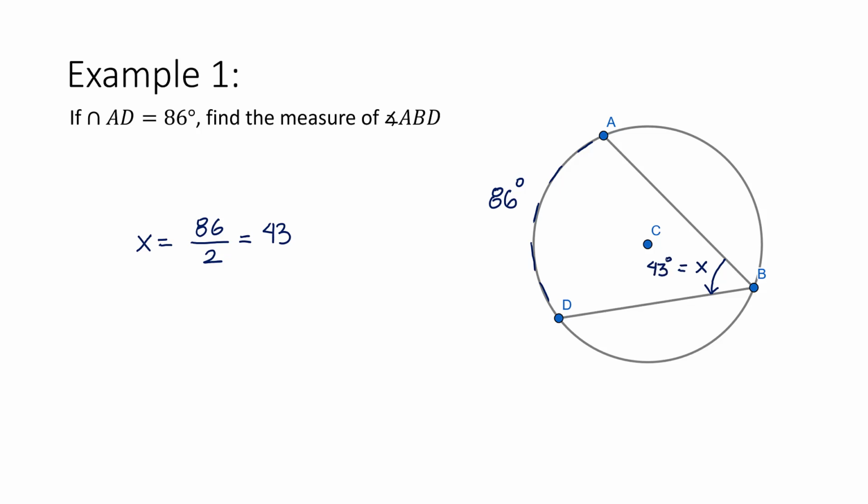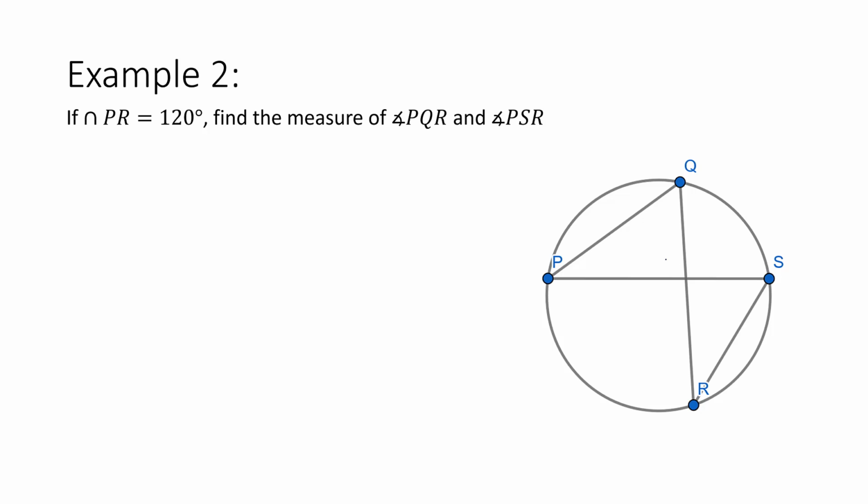Let's see a second example. If arc PR measures 120 degrees, find the measure of angle PQR and angle PSR. First, let's write the information that the problem gives us. It says that arc PR, which is this one, measures 120 degrees.